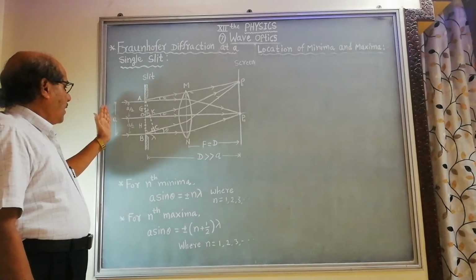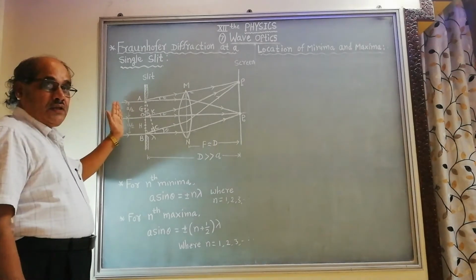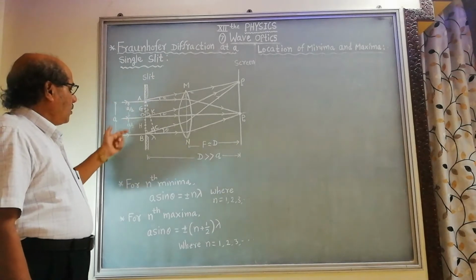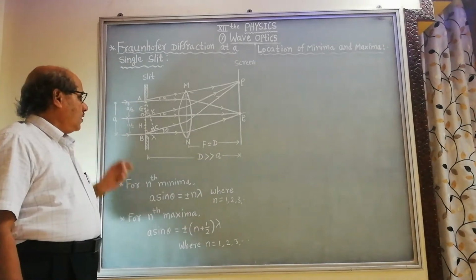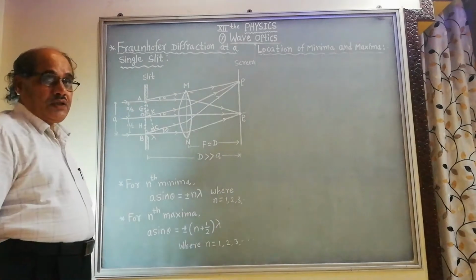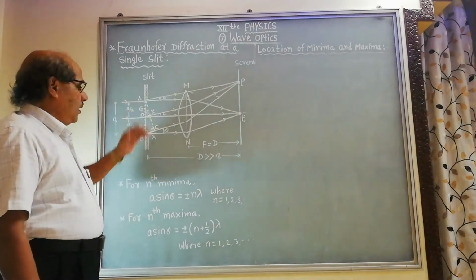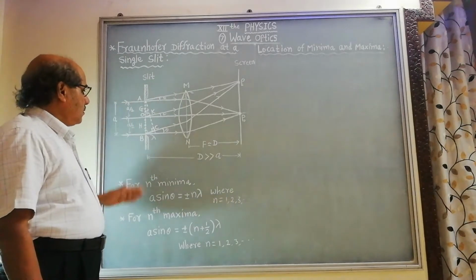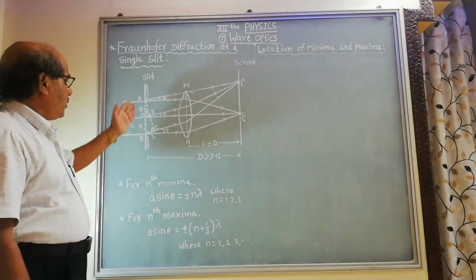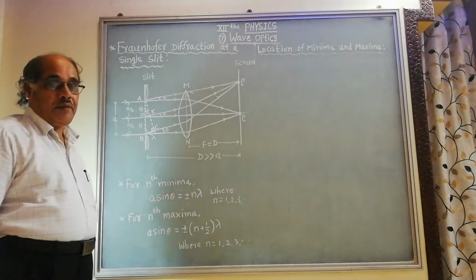So diverging rays are incident on that convex lens, and after refraction the rays come parallel and are incident on this narrow slit AB.